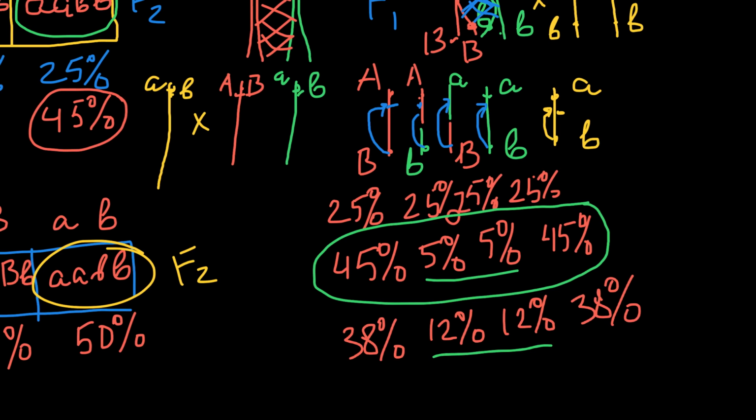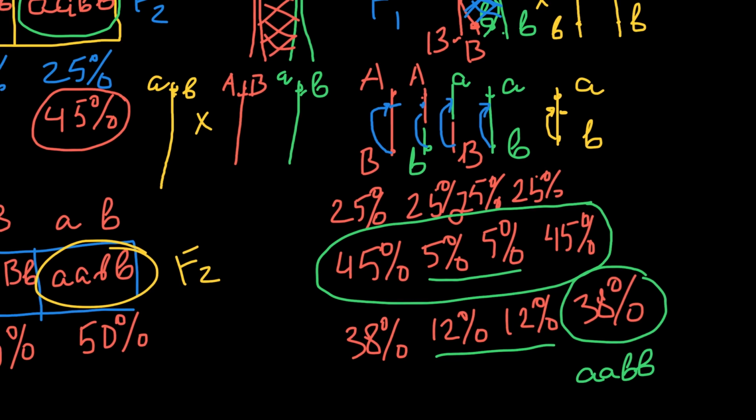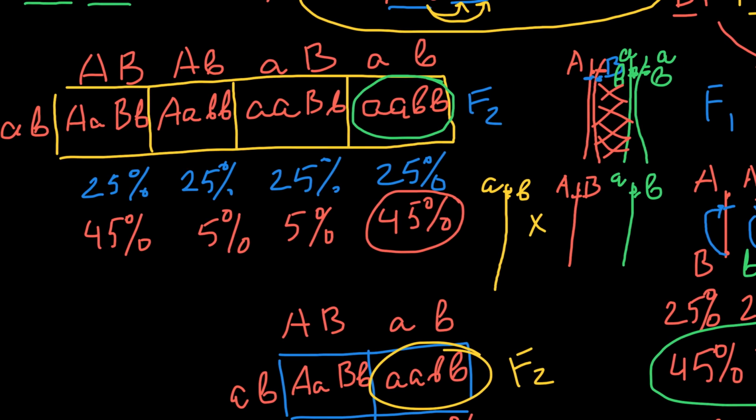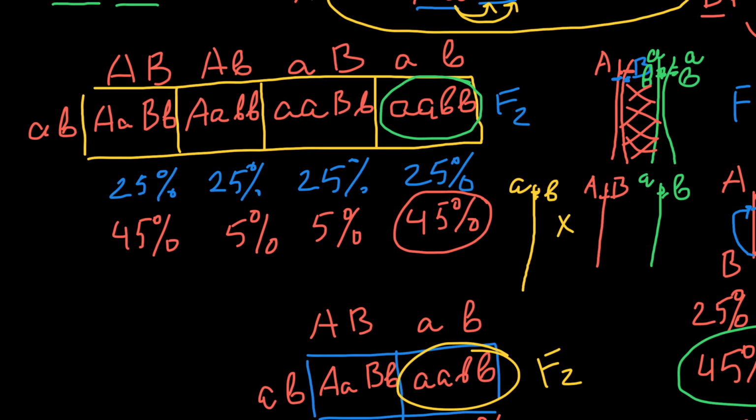Again, you remember that this one would be the genotype which is small a, small b. If we return to this table, again, we can say that this is going to be 12%, 12%.